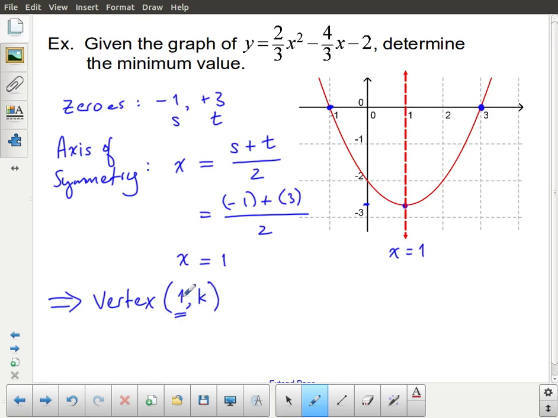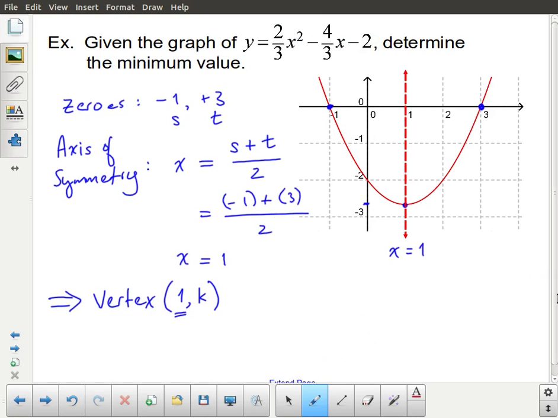Because don't forget, no matter what special point or regular old point we're talking about along a parabola, all of the points on this parabola have to fit with this equation. So if we're looking for a point that has an x-coordinate of 1, then we can substitute x equals 1 into this equation, and that should tell me the y-coordinate that goes along with this.